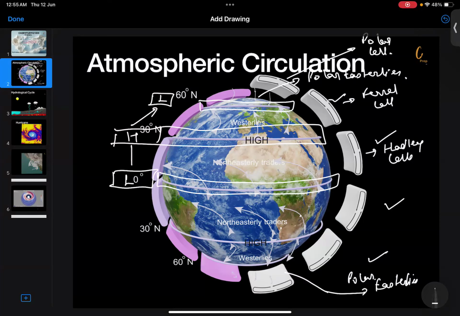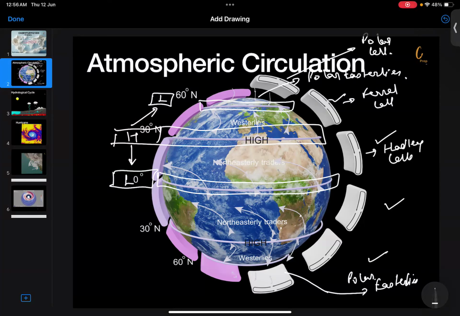So this is the general pattern of the movement of winds here. From high to low the movement of wind is taking place, and they are deflected by the Coriolis force.